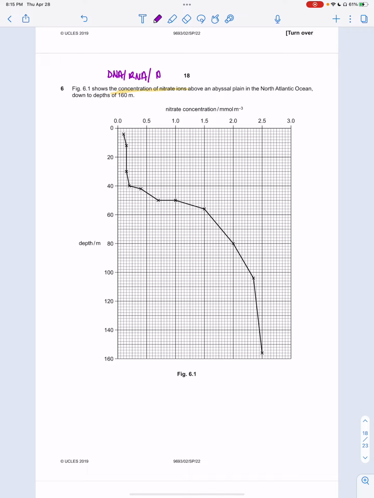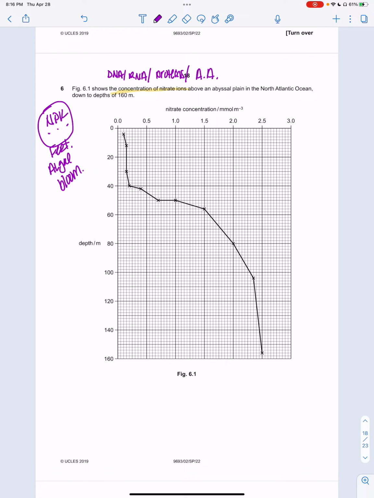DNA, RNA, proteins. What else? NPK, nitrogen, phosphorus, potassium is usually with some fertilizers. So maybe like algal bloom. Amino acids.